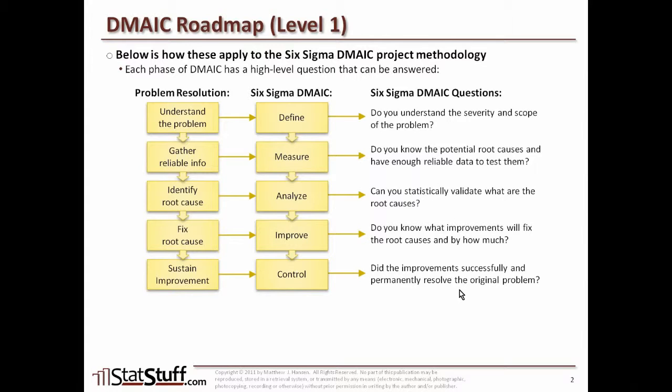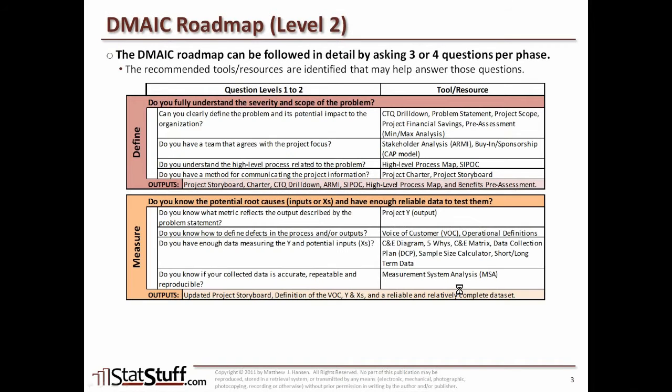So we dug last time into taking those questions to another layer, a second layer, going a little deeper like this, where for each phase, again, we've got the define phase where we have the top level question that we're asking ourselves, and again, we said if you cannot answer yes to that question, then you ask yourself the second layer of questions that are in here. And here's a guide for the different tools or resources that can help you in answering those questions, and that can ultimately help you in answering this top level question.